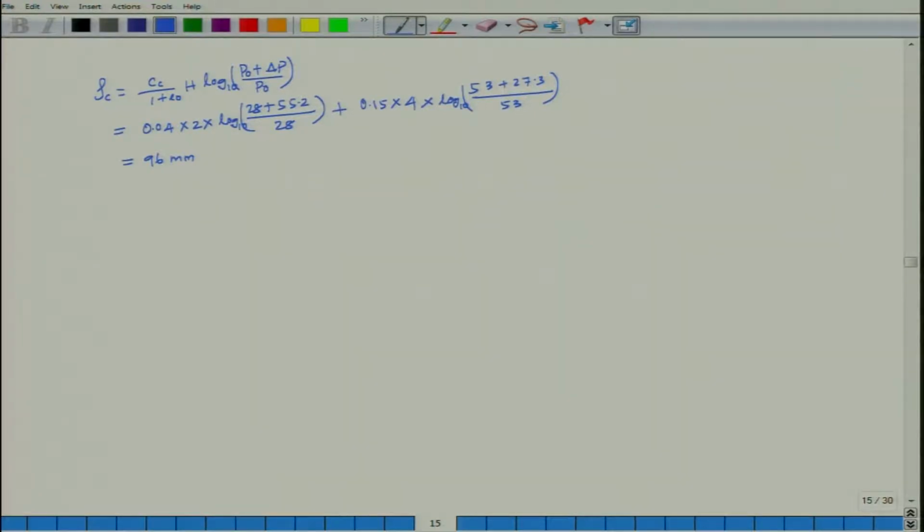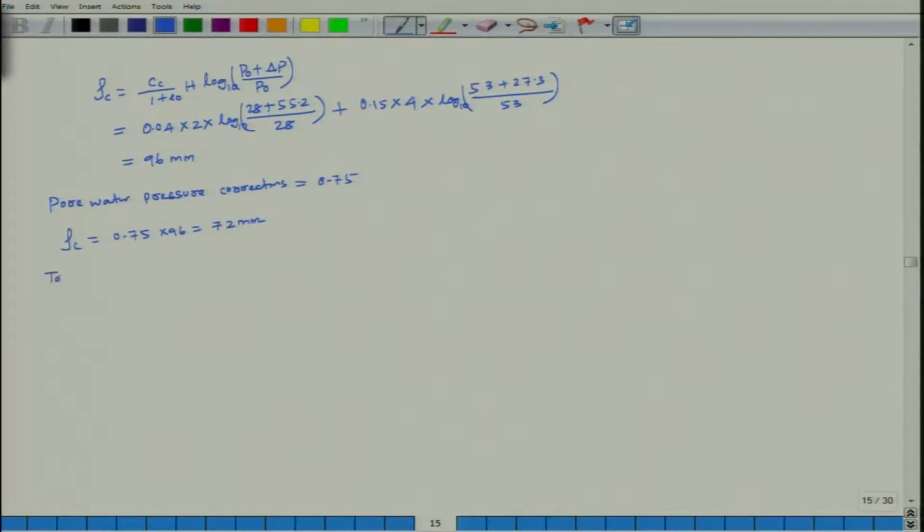So, because this is a clay soil, you have to apply also pore water pressure corrections, which is equal to 0.75. So, rho consolidation is equal to 0.75 into 96, which is equal to 72 mm.